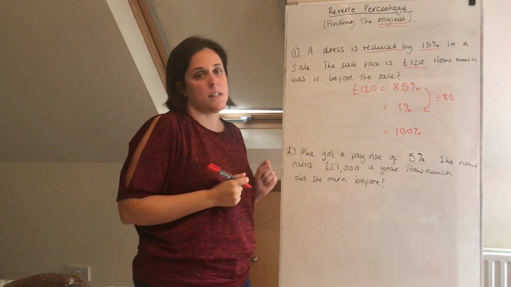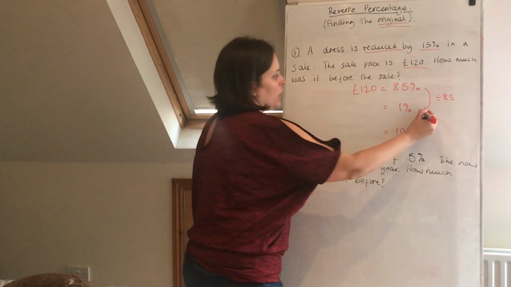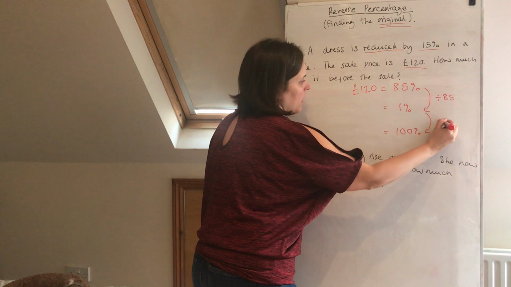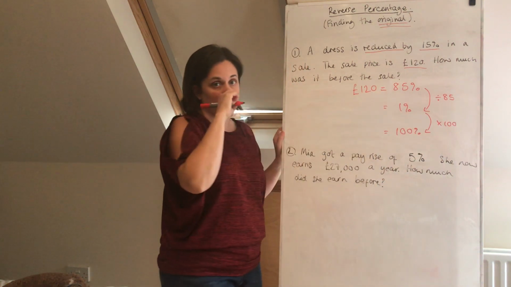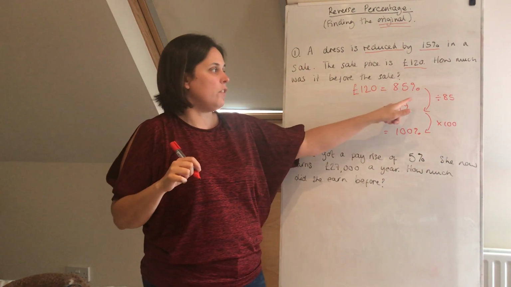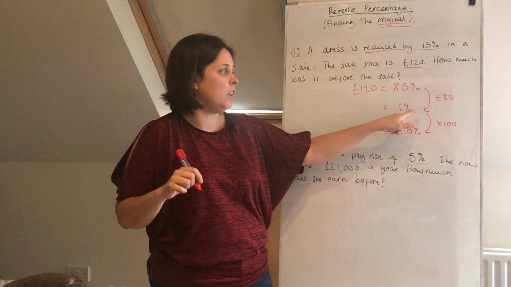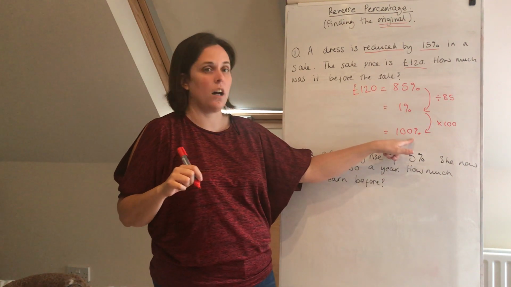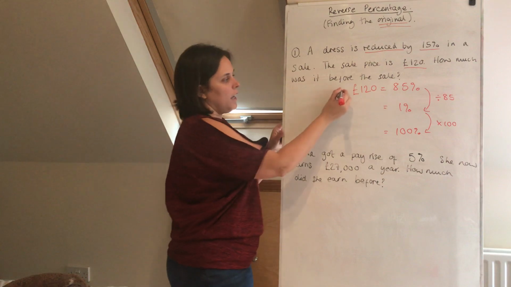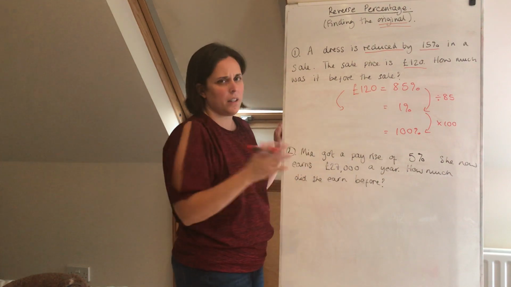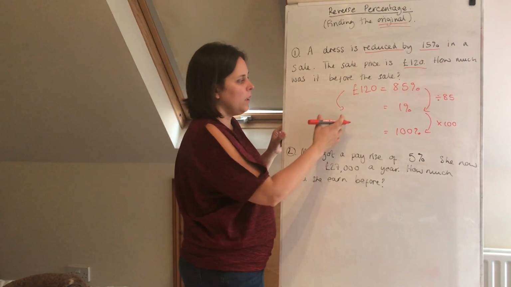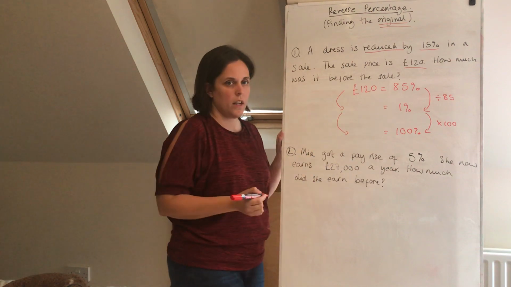Because if you've got 1%, then all you need to do to go from 1% to 100% is times by 100. So if I do 85 divided by 85, I get 1, and if I do 1 times 100, I get 100. You may think, okay, that's fine, but how does that help? Well, you just do the same process over here.